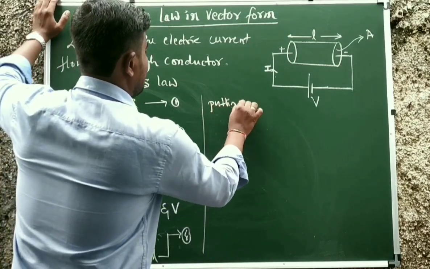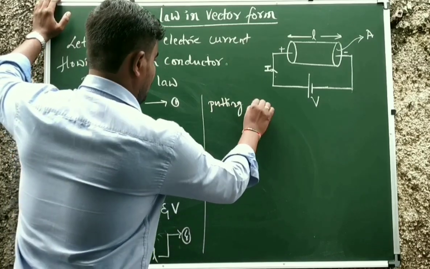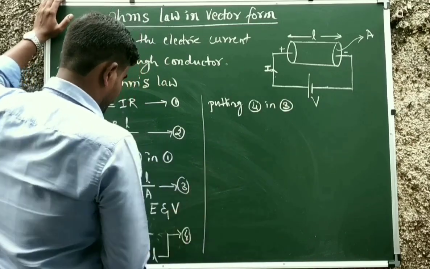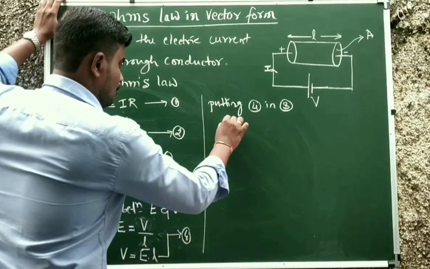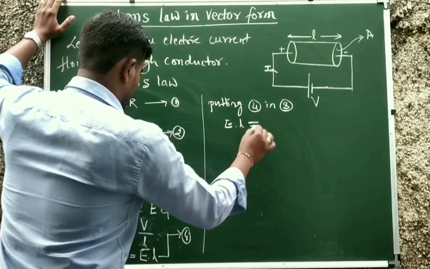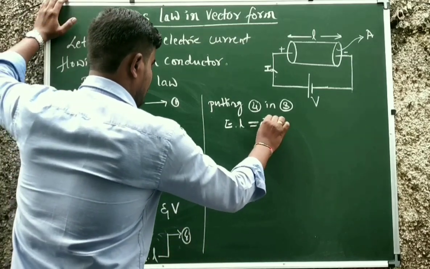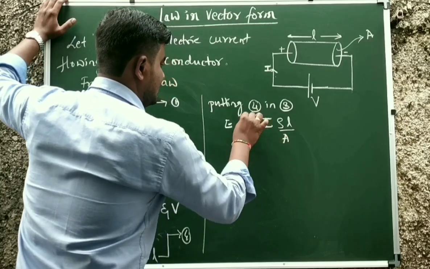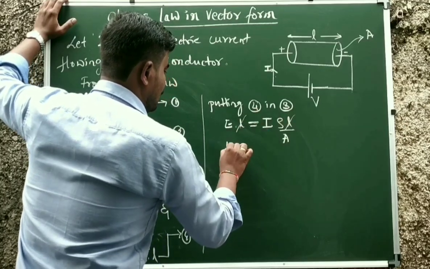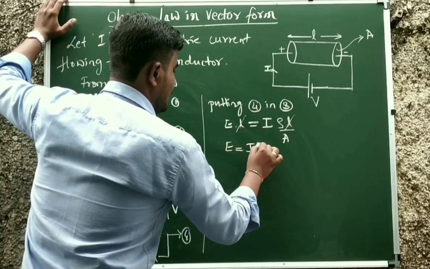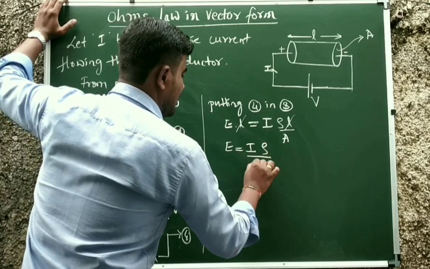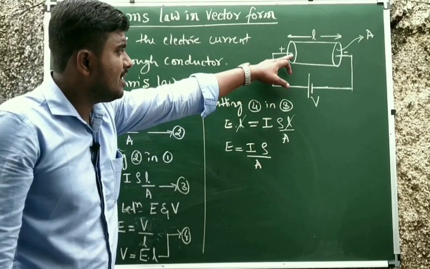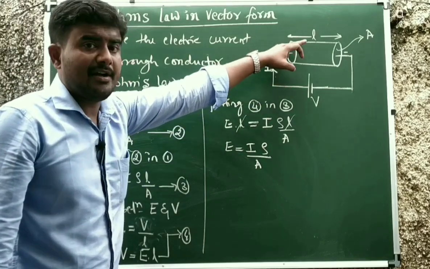Putting 4 in 3, therefore in place of V I can write E into L is equal to I rho L divided by A. L is cancelled on both sides. Therefore, E is equal to I rho divided by A. Here I is electric current and A is the area of cross section of the conductor.